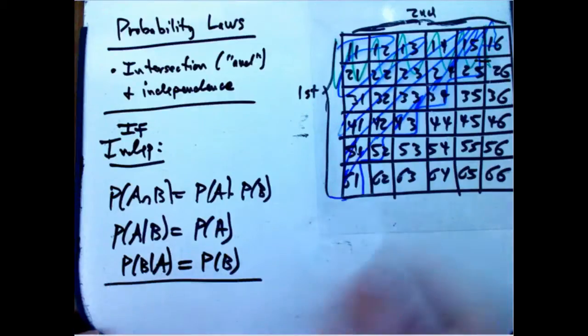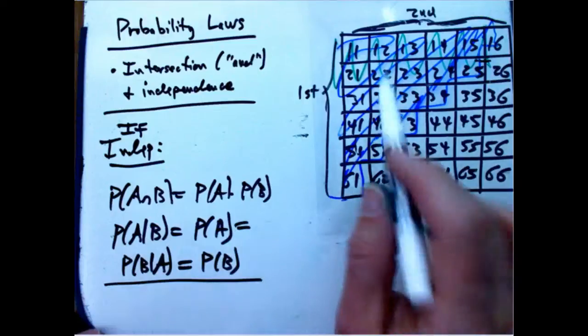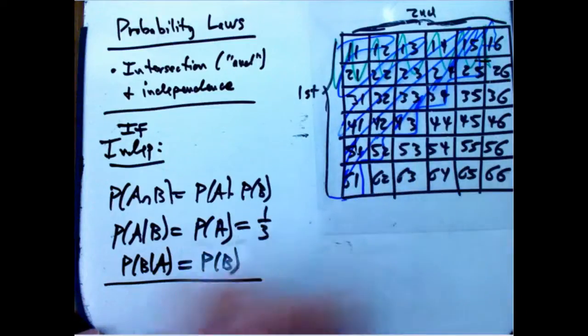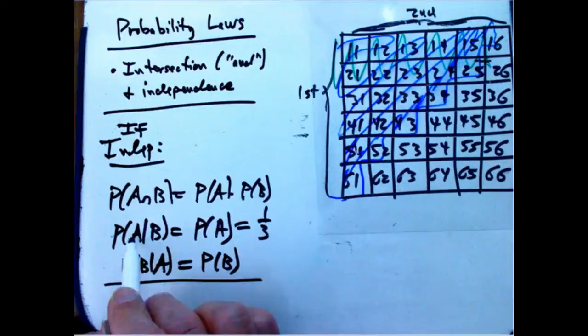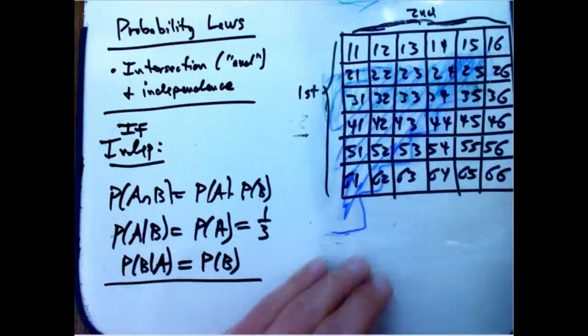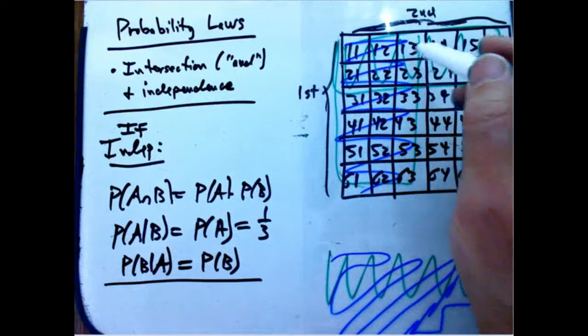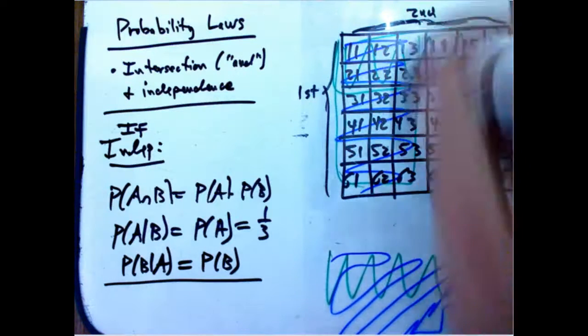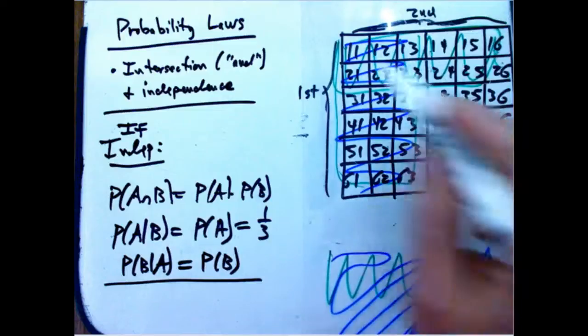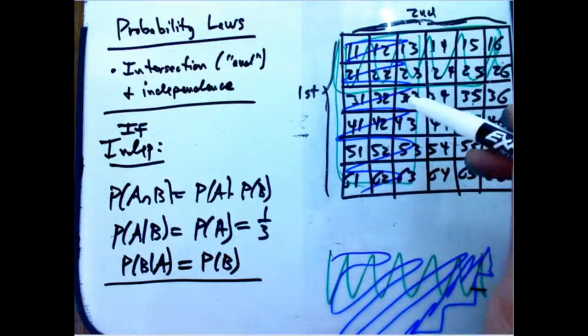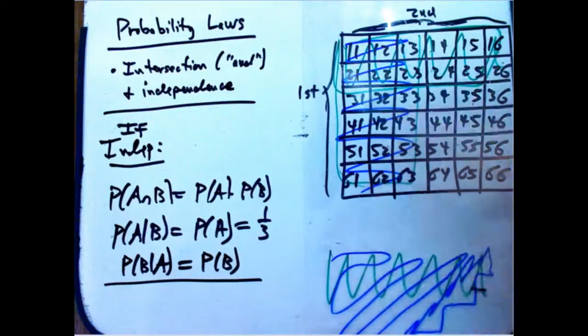So for example, here, the probability of A was the green. That was 1 out of 3. That's the same as, and this is what I was talking about, the proportions. The probability of A given B is out of the blue. That is, I'm just going to assume that B is true. Out of that, how much is green and blue? It's 1/3. And again, that's the same as the proportion of the green out of the total.